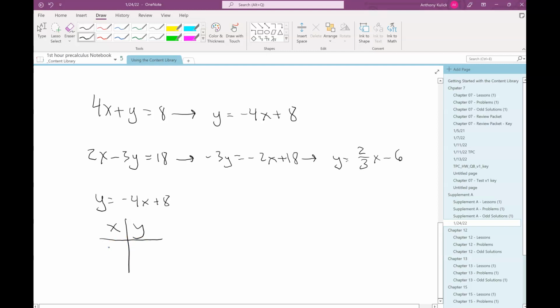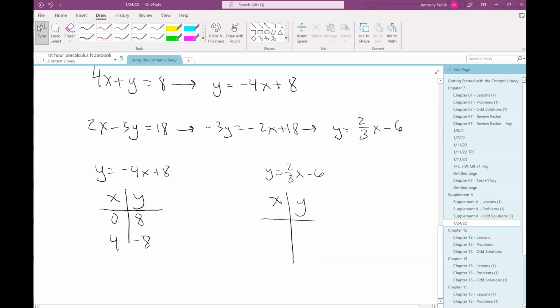Let's see. So maybe I get 0 and 8, and then maybe I'll do 4 and -8. Again, it doesn't really matter how I'm picking these, but I would like to pick them so that they're far apart, so it's a little bit easier, when I draw my graph, to find that intersection.